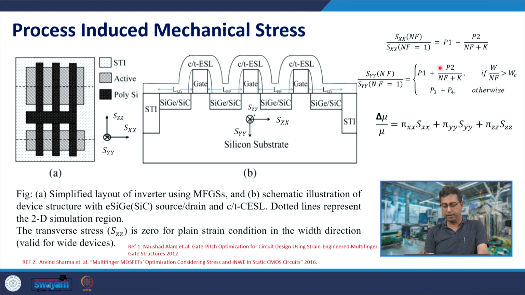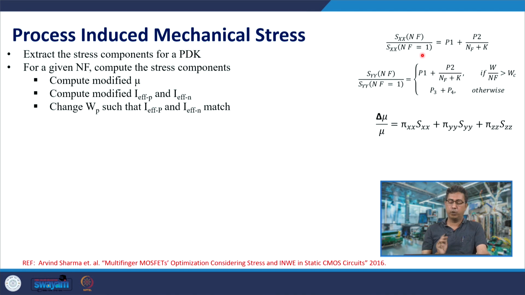So when you increase the number of fingers, you know how the mechanical stress changes for a given PDK. So how would we estimate the changed value of mechanical stress and thereby the changed value of effective currents, and how to then modify the layout of the given gate, say an inverter or a NAND gate?